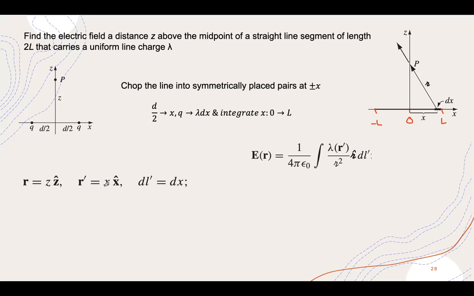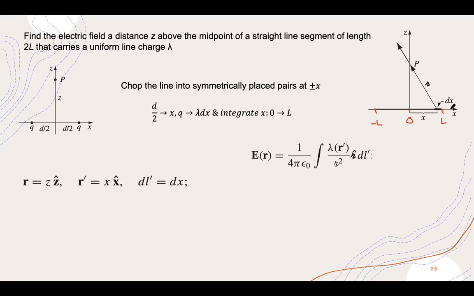Now r prime is in this direction, because here is the element of charge we are considering. So this r prime is, let's suppose at x distance we consider an element of charge with a length dx, which is very infinitesimal. Okay, it is a very small difference.